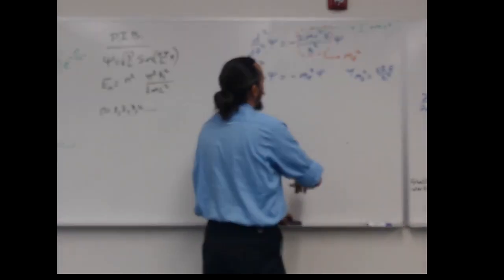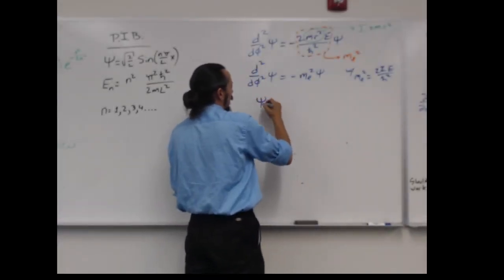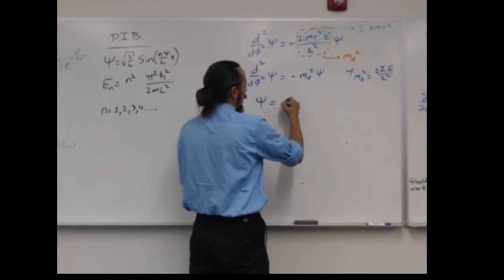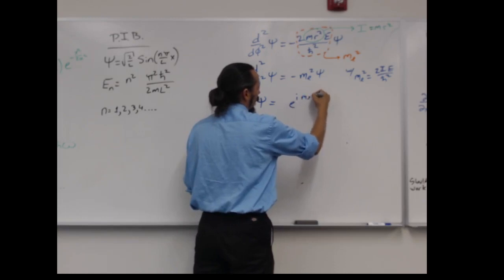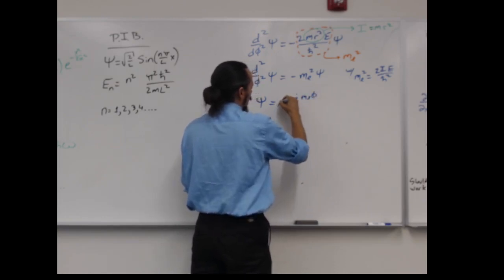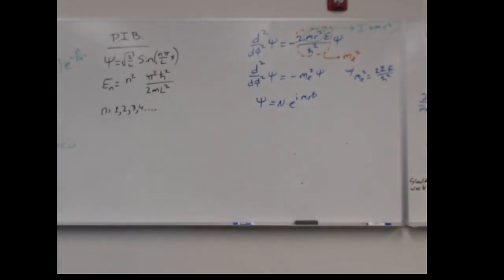And then with this, it becomes really easy to see psi is going to be equal to some normalization constant times e to the I ml phi.